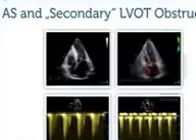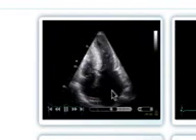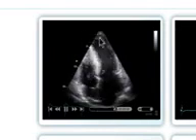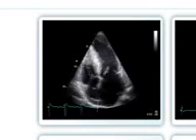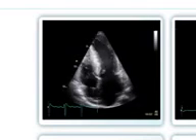Here on the left side, we also have a patient with severe concentric left ventricular hypertrophy, as we can frequently find also in hypertrophic cardiomyopathy.